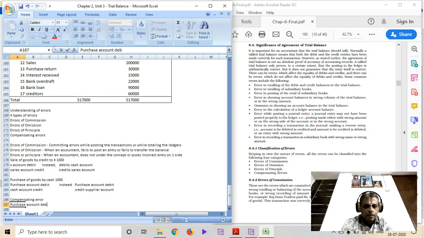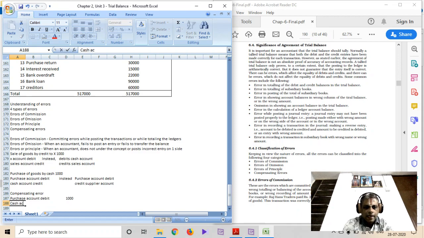Purchase account debit 1,000, cash account credit 1,000. Instead of crediting cash account, creditors is credited.